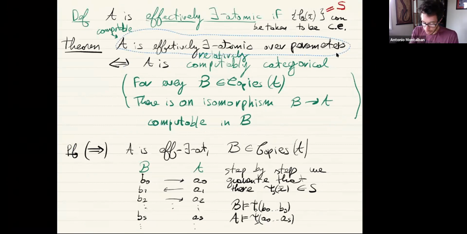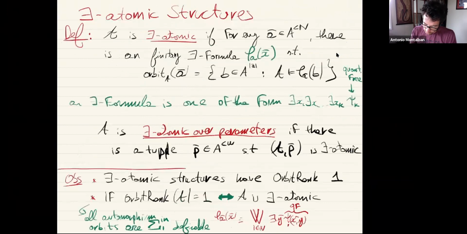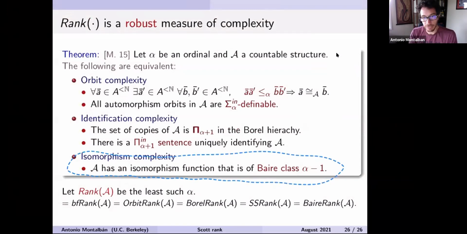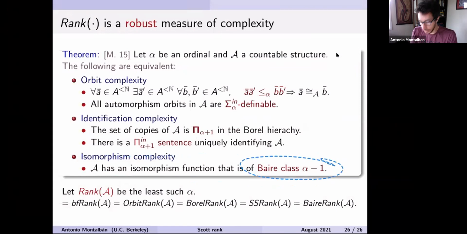And then I want to tell you how this extends and why this is a particular case of this thing up here about having an isomorphism function of rank alpha minus 1. So we'll do the proof for case 1, and then I'll just mention what it means. But to go up in the hierarchy, we need forcing, which we don't have.